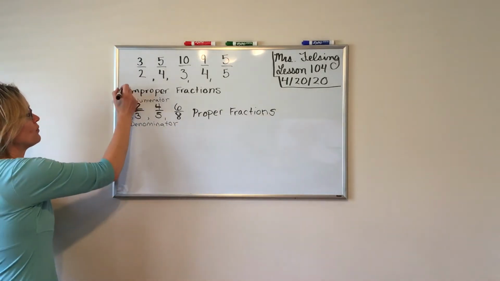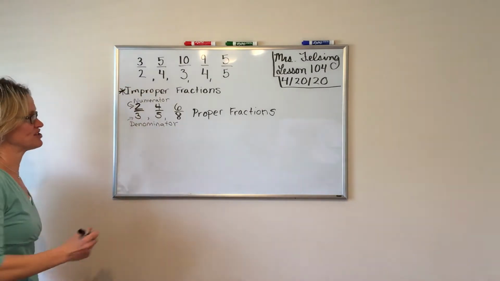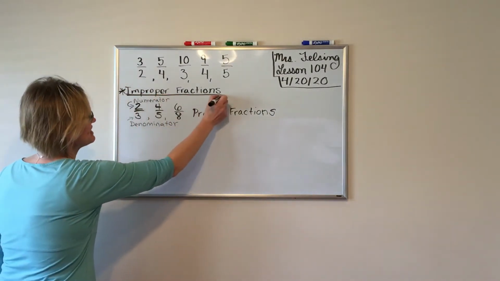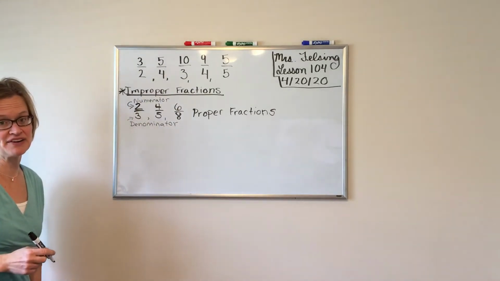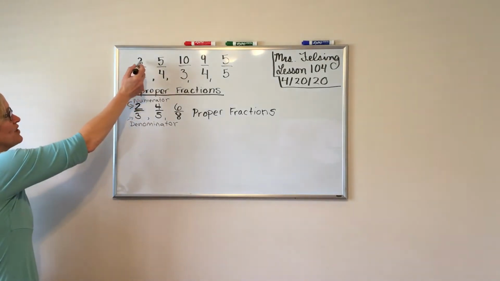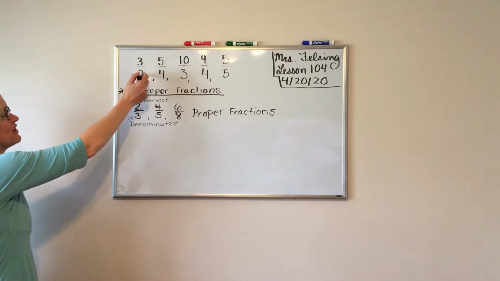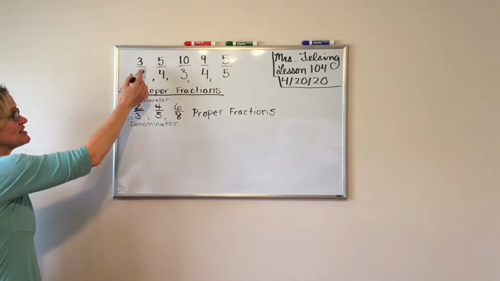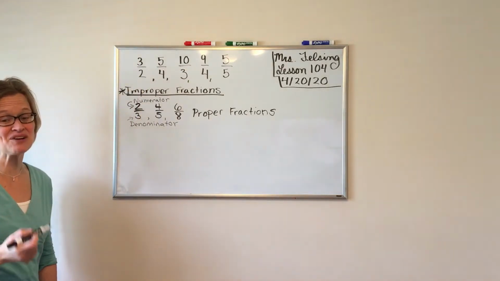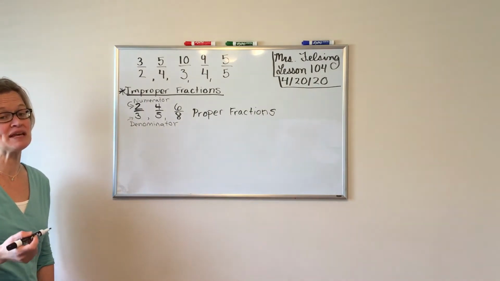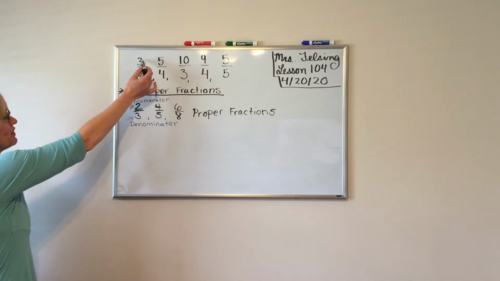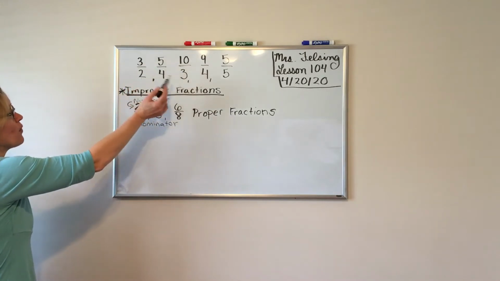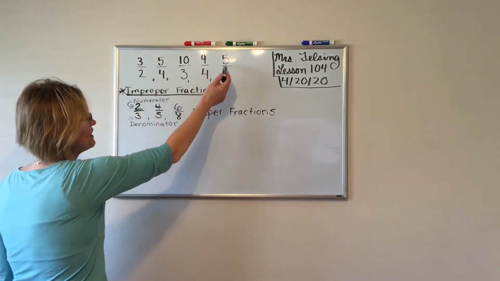Now, when we are working with improper fractions today, the numerator is bigger than the denominator. So we have a numerator of 3, a denominator of 2. This is bigger than that, and as a result, we now have an improper fraction. So an improper fraction is when the numerator is greater than or equal to the denominator.